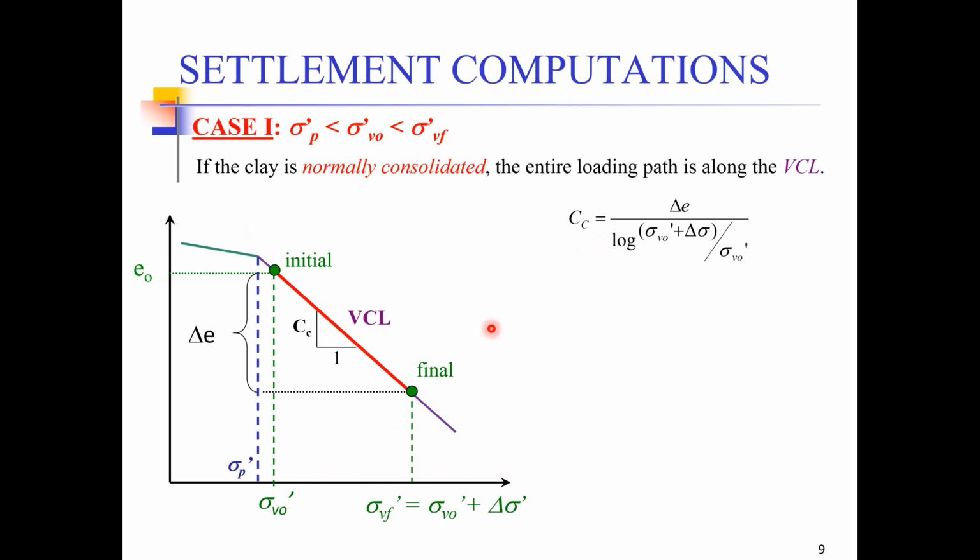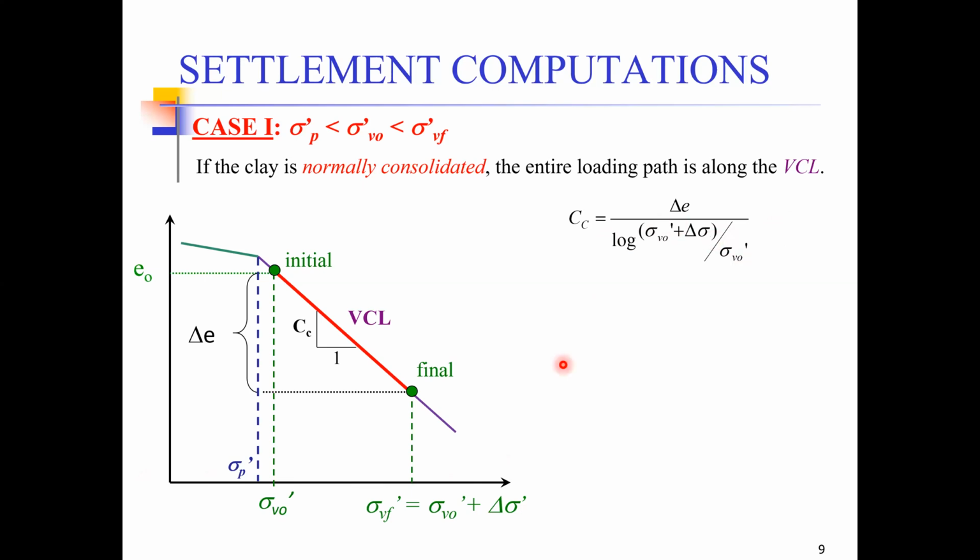Because this is all plotted on a log scale, you remember this x-axis is on a log scale, this is why I can convert it into a fraction. Otherwise, it would have been log of sigma V naught prime plus delta sigma minus log of sigma V naught prime. Because both of the terms would be log, that's why I can write them as a fraction.